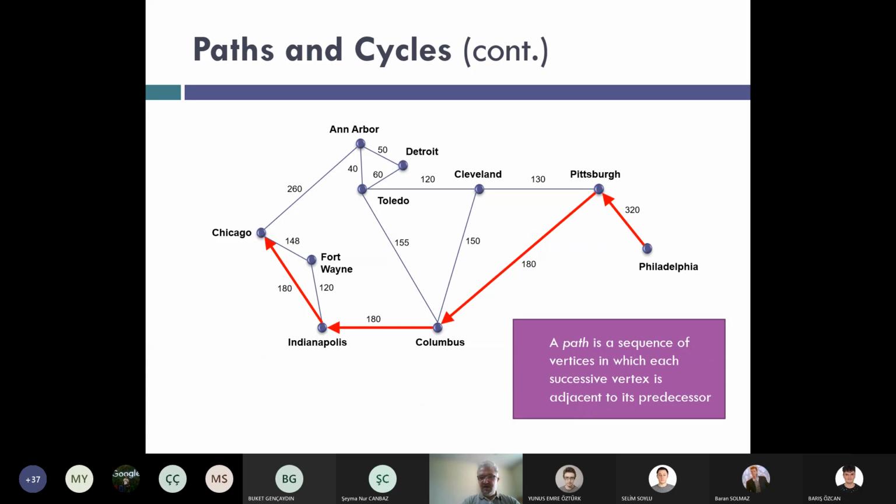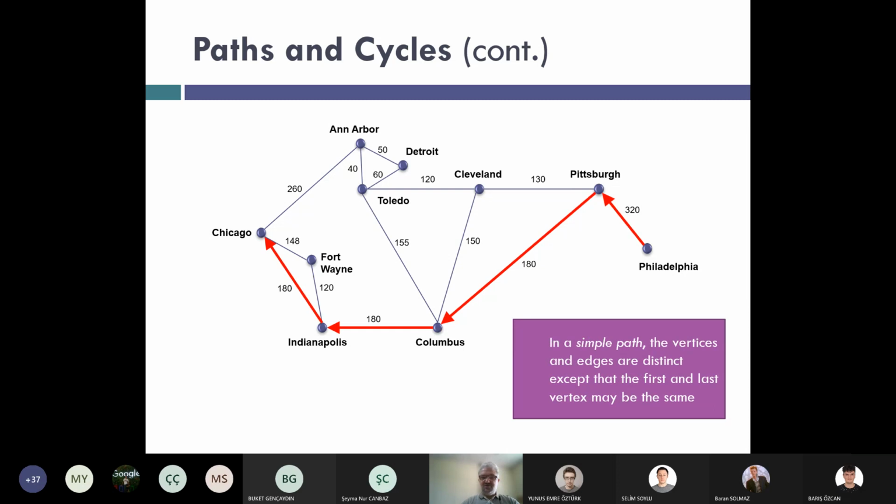For example, we can have a path from Philadelphia to Chicago. Philadelphia, Pittsburgh, Columbus, Indianapolis, Chicago is a path. And as you see, Pittsburgh is adjacent to Philadelphia, and Columbus is adjacent to Pittsburgh, etc. on this path.